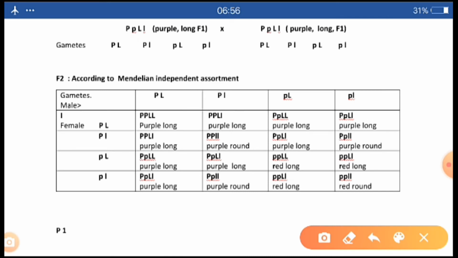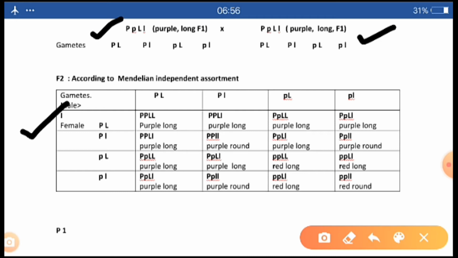This is the checkerboard for the F2 generation. These are the plants involved in the selfing process, that is, plants from the F1 generation. They selfed them and then obtained the F2 phenotypic ratio as well as genotypic ratio.